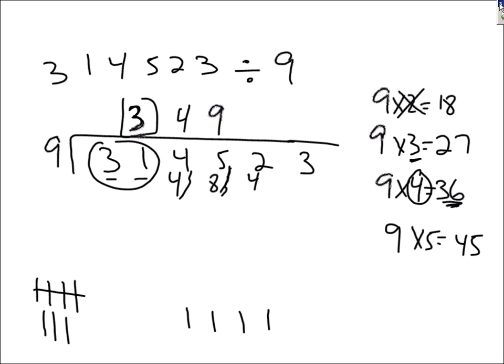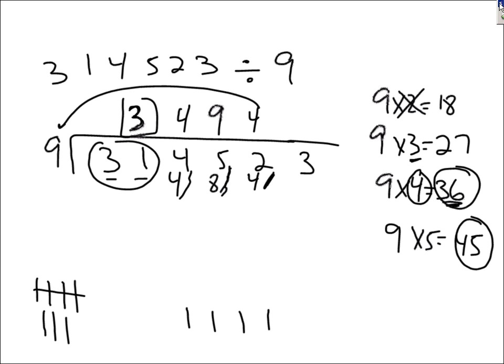9 times 4 is 36, which is less than 42, and 9 times 5 is bigger, so we use 4. 9 times 4 is 36. When I take that away from 42, my remainder is 6.